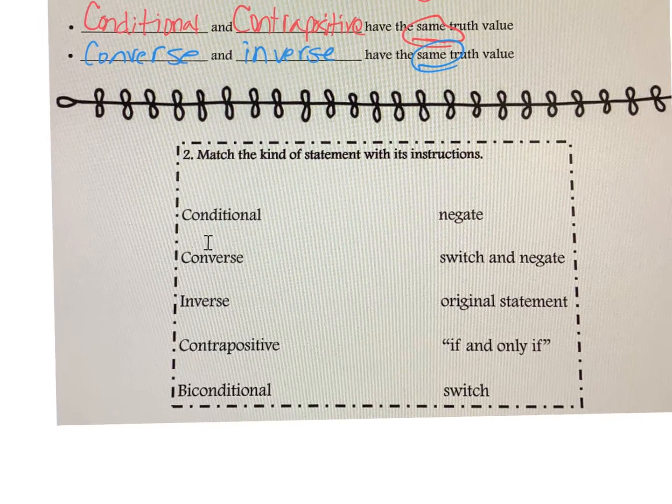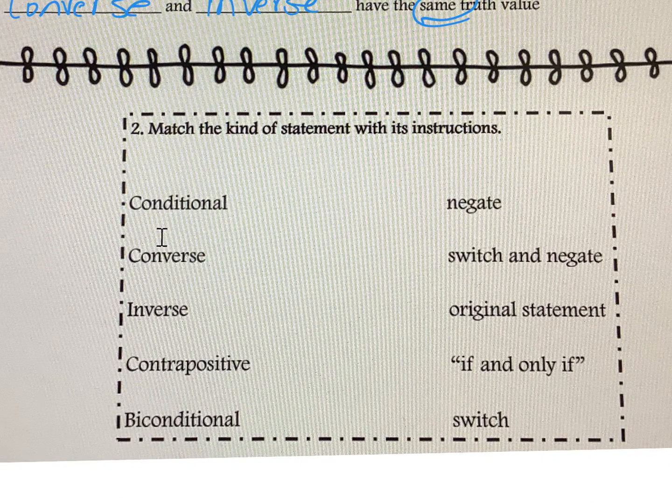All right, so let's match. Take a second and match. Turn off your video. All right, so the conditional statement is going to be your original statement. The converse is, remember, you have your P and your Q. So here's your P and here's your Q. Your converse is going to be Q, then P. So you're switching it.